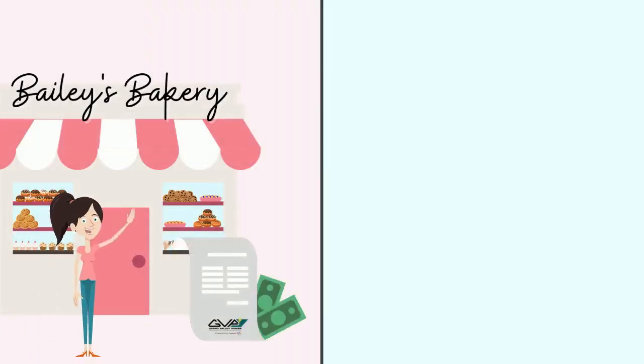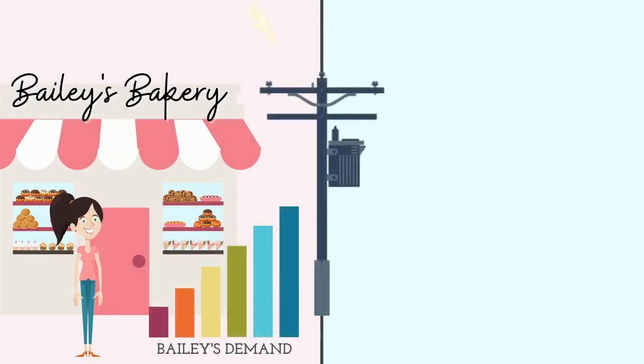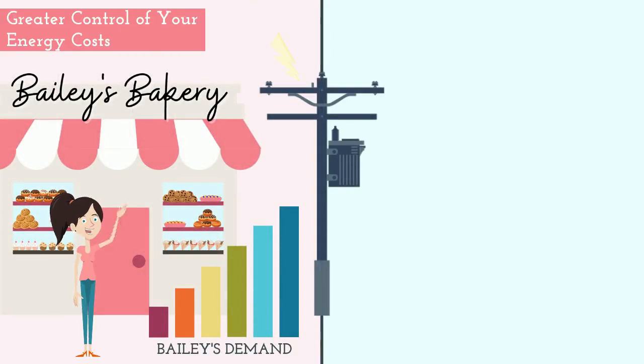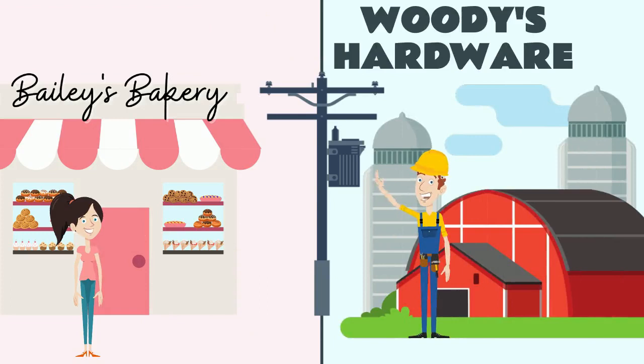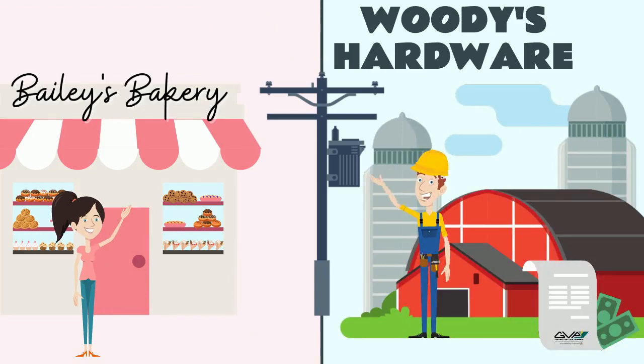By separating out the demand charge, Bailey only pays for the demand her bakery imposes on our systems, giving her greater control and flexibility of her energy costs. While Woody's hardware store down the street may want to consider staggering his energy use to help reduce his demand and lower his energy costs.